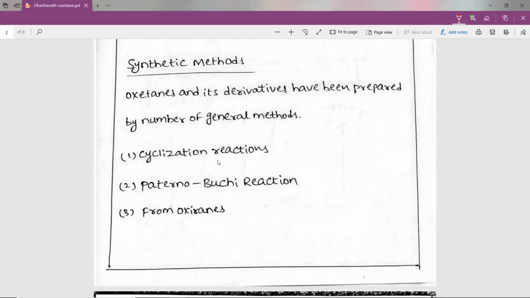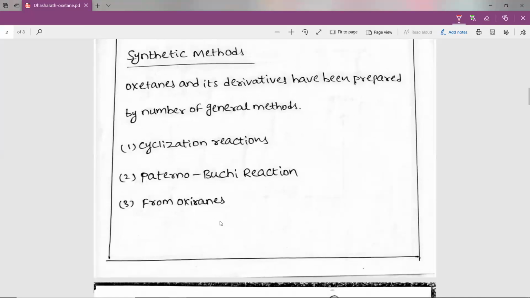Gamma halo alcohols on cyclization give oxetanes. We know the Paterno-Buchi reaction from photochemistry. It involves the addition of excited ketones to olefins to form oxetanes. Oxiranes, three-membered heterocyclic rings containing oxygen, are converted into four-membered heterocyclic rings containing oxygen by treatment with sulfur ylides.